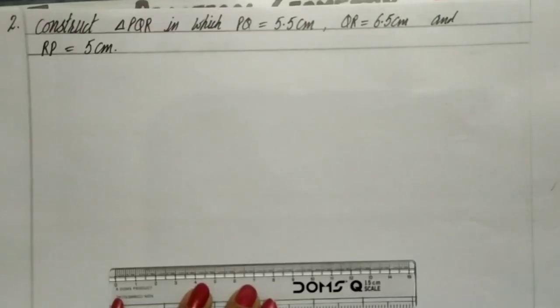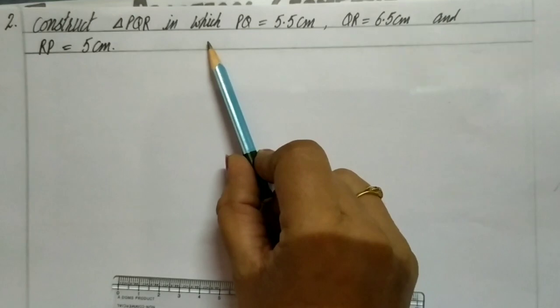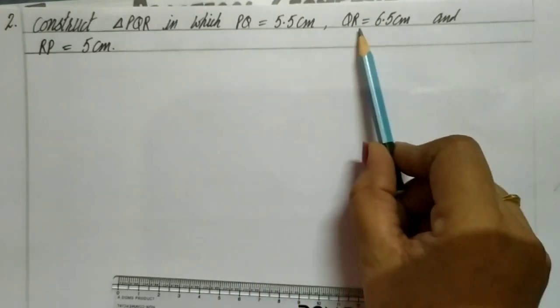My second question is again based on SSS construction criteria. Here we have to construct triangle PQR in which PQ is 5.5 cm, QR is 6.5 cm and RP is given 5 cm. So again you can take any one of the three sides as base. Here let's start with QR, it's 6.5.